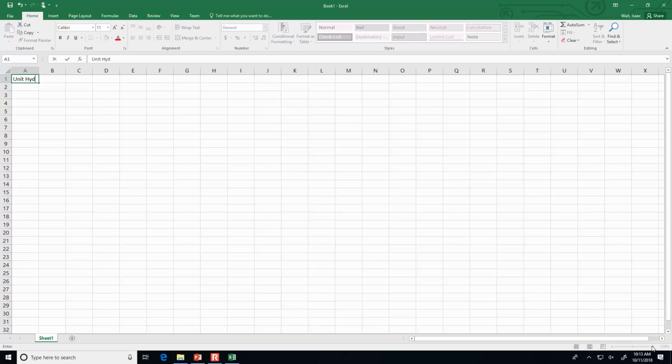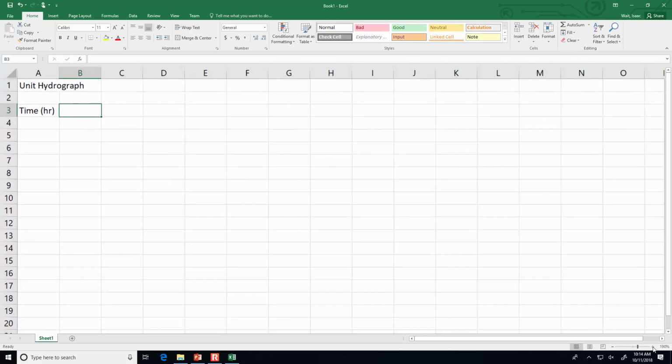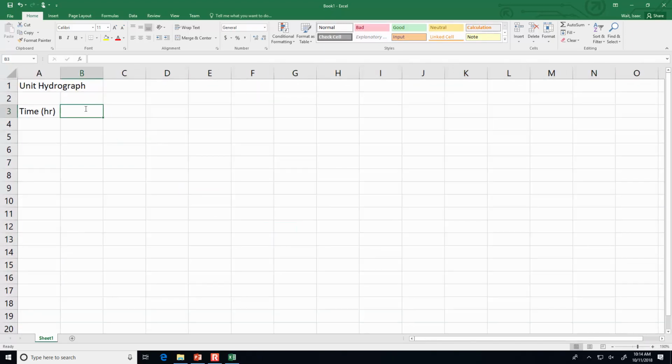So unit hydrograph, and we have the time in hours, and then the runoff. And the units of that is CFS per inch of rainfall excess. Okay, so runoff, Q. The units is CFS per inch of rainfall excess.